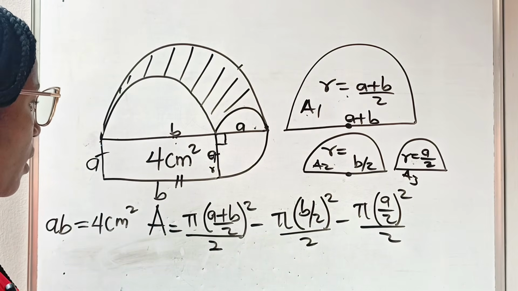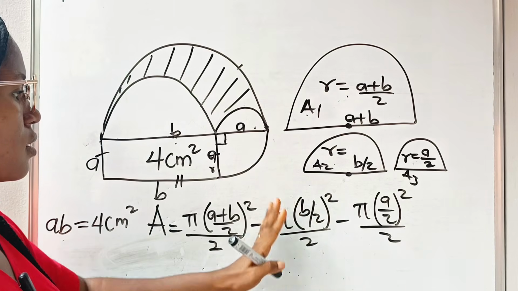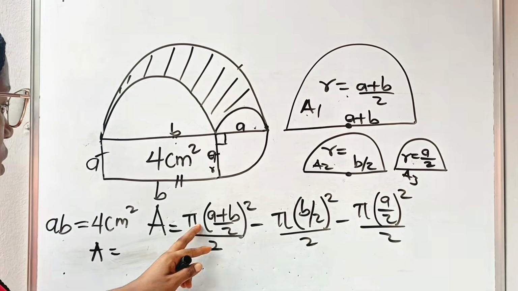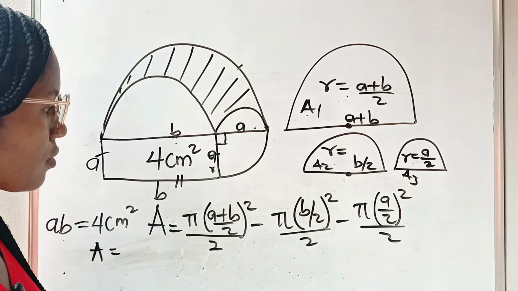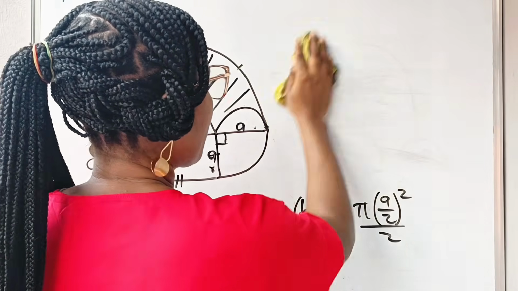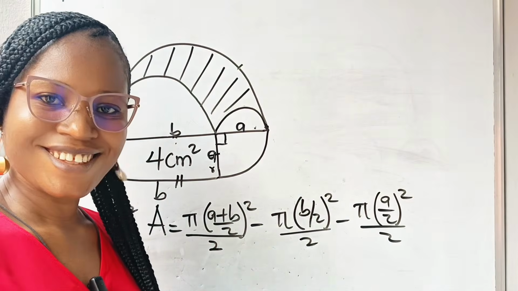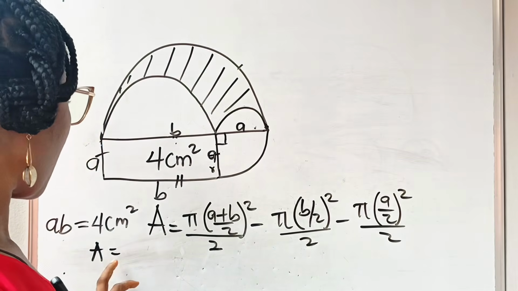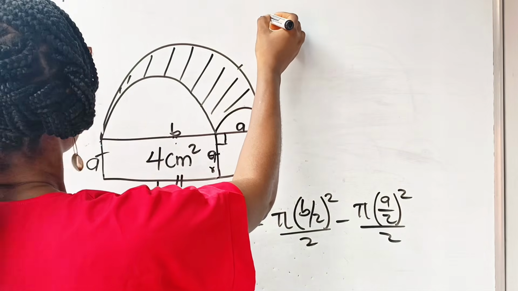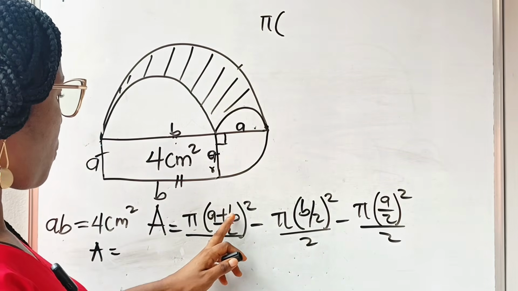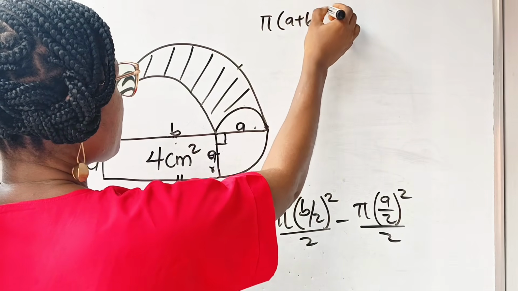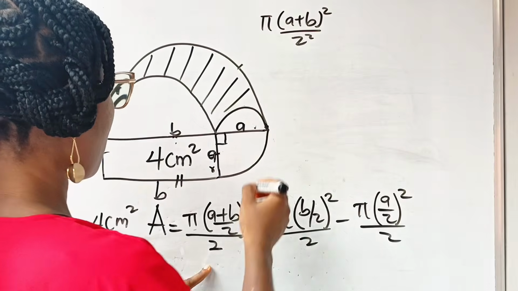So if we solve further, I'm going to clean this now so that I can have space to solve this. Because if we go further, the first part A will be equal to pi bracket A plus B squared over 2 squared, right?